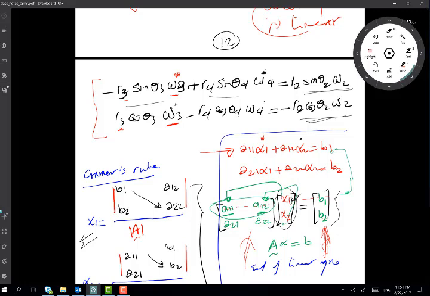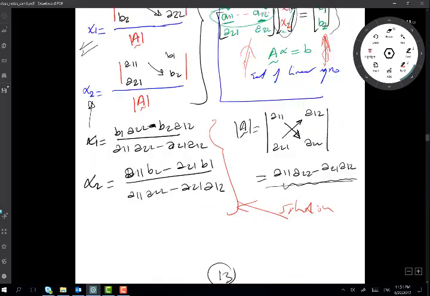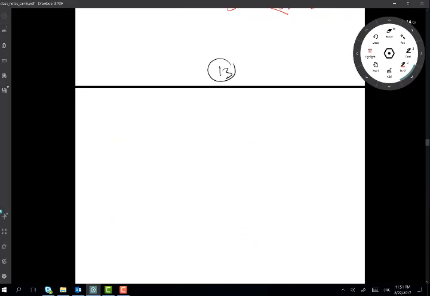And omega 4 is always multiplied by R4, so I can take this together as one variable. Omega 2 is multiplied by R2. So let's apply that.